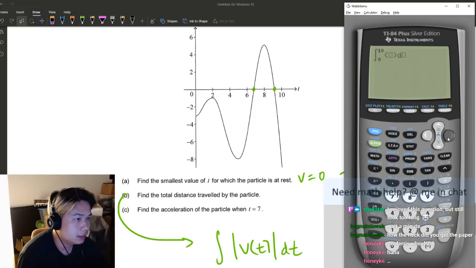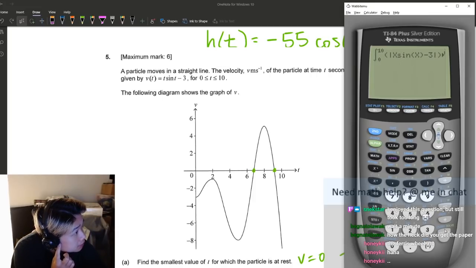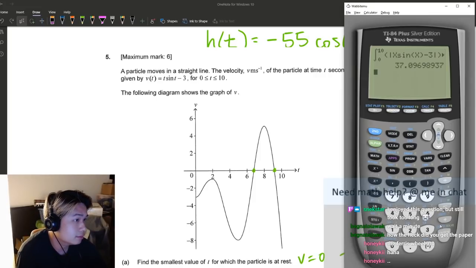And then my function is going to be the absolute value of x sine x minus 3, and my variable of integration is dx. Let it crunch the numbers for a bit. And there you go. Total distance traveled, 37.1.